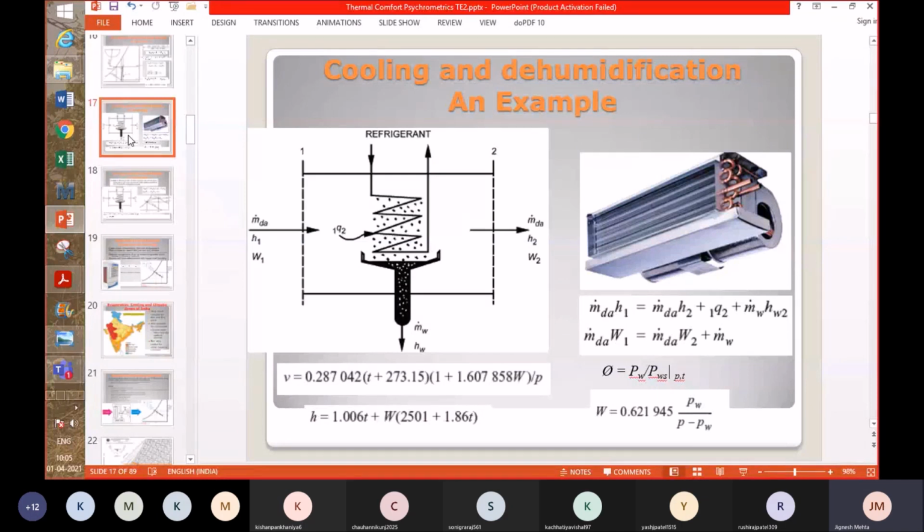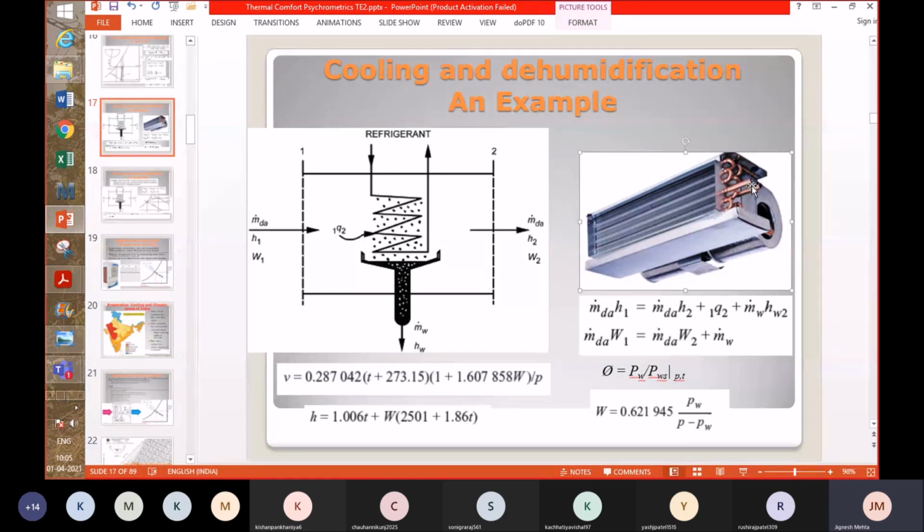The scheme of such a process is shown here with the help of a schematic diagram, and I have just put a photo of the indoor unit of a split AC. So this is the coil or the heat exchanger, and these are the tubes.